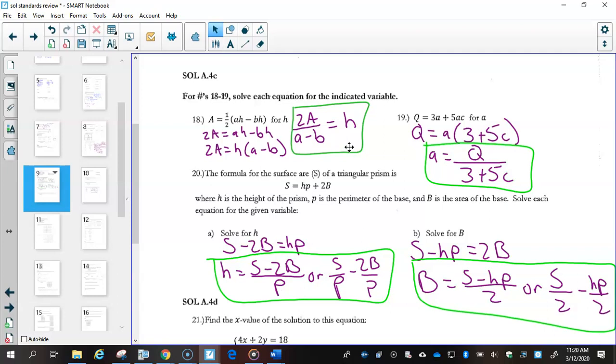For 19, the answer was a equals q over 3 plus 5c. 20a was h equals s minus 2b all over p, or s over p minus 2b over p. Either one of those is fine. And then same kind of thing with b. B equals s minus hp all over 2, or this is s over 2 minus hp over 2.